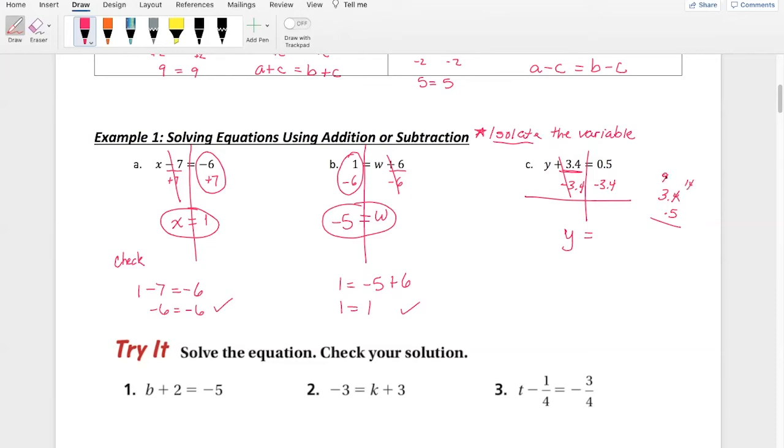And so, oops, sorry, that's a 3. I was thinking ahead. So we have to borrow, whoops, sorry. So that was 2 and 0.9. And the negative was on the 3.4, so I have more negatives. My answer would be negative.